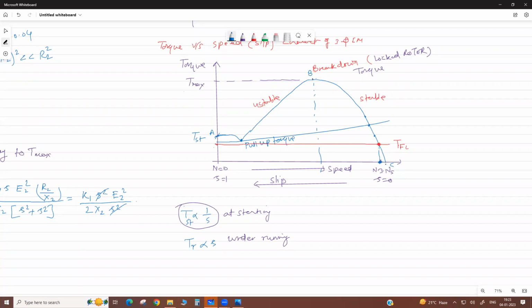This is the synchronous speed or no load, and here is your actual speed. When we increase the load, speed is decreased or slip is increased. So as we increase the load, your speed decreases. But here it is just the reverse. That's why it is unstable.